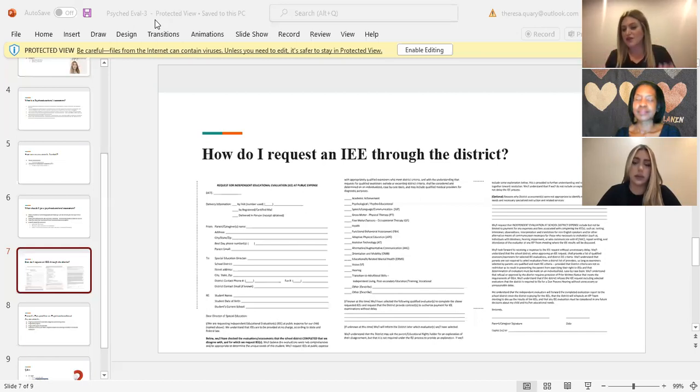So more often than not, they probably are going to do better one-on-one. But then I will take that information of how well the child is doing one-on-one, compare it to what the teacher is saying about how they're struggling at school, and come up with a plan to present at the IEP meeting that helps the team understand how the child learns best.